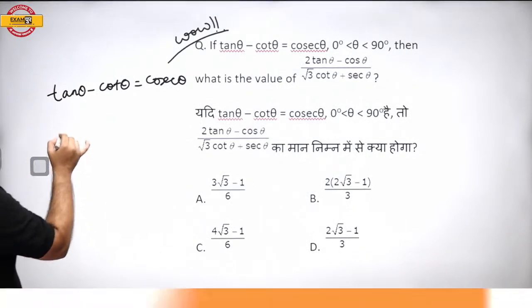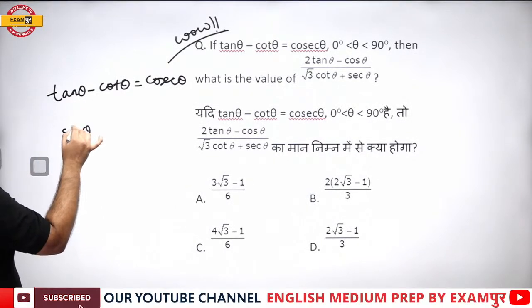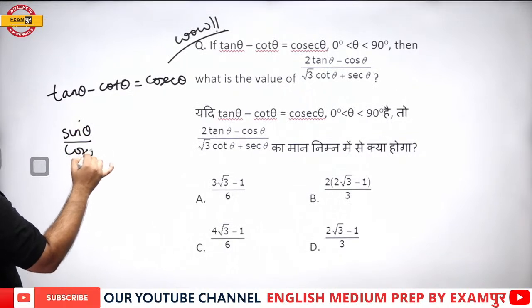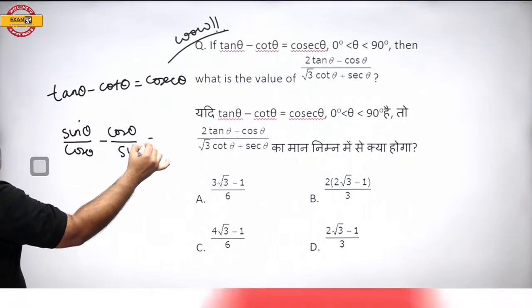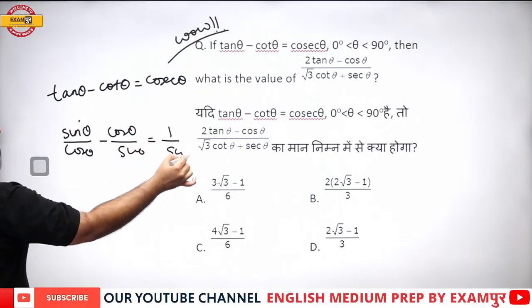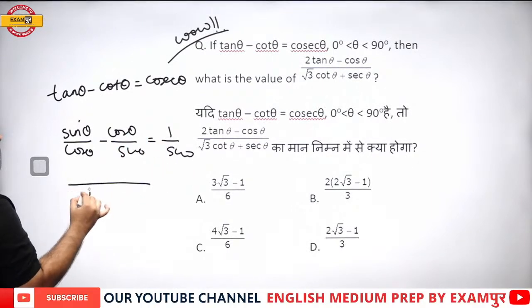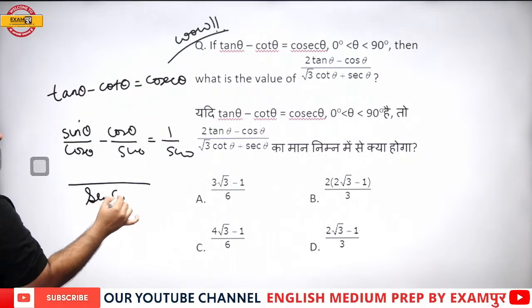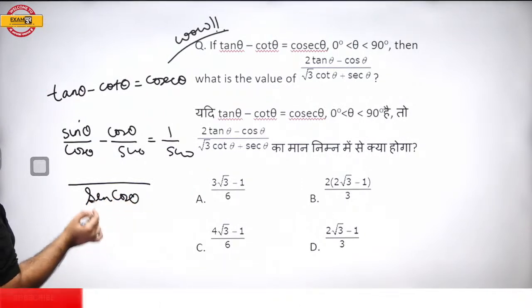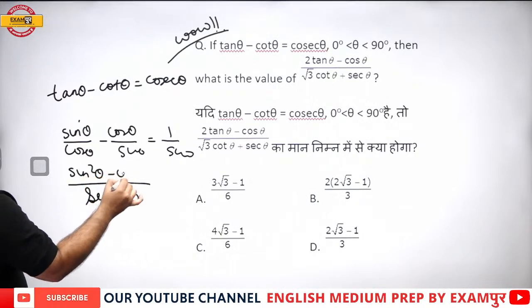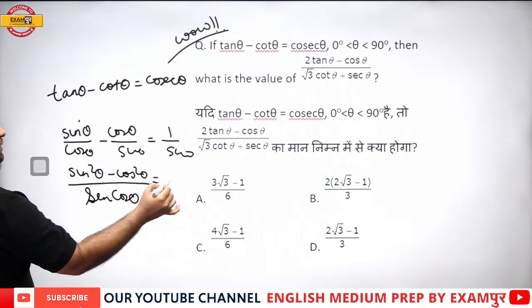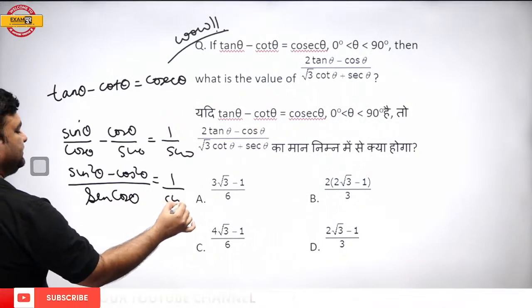When you think of solving, sine by cos minus cos by sine is equal to 1 by sine. Take sine cos in the LCM. So it will become sine square theta minus cos square theta over sine cos, equal to 1 upon sine theta.